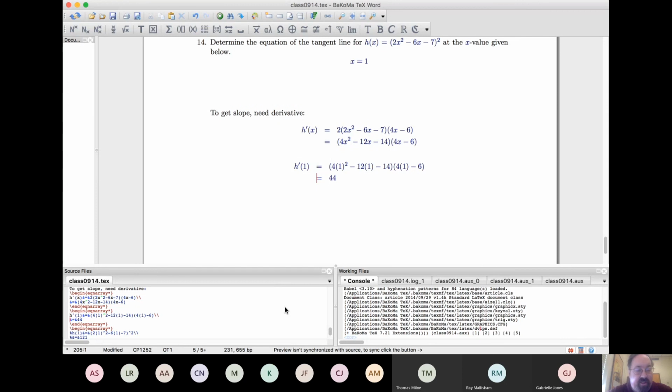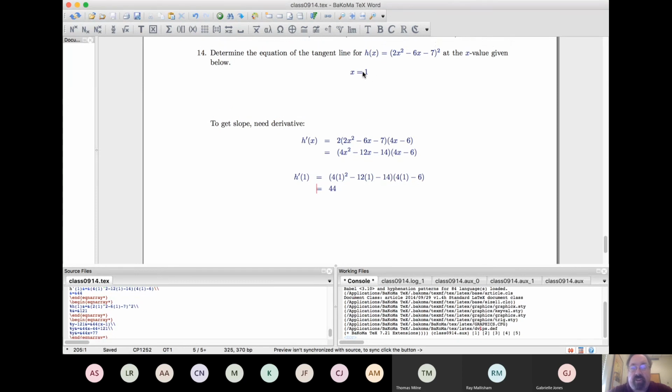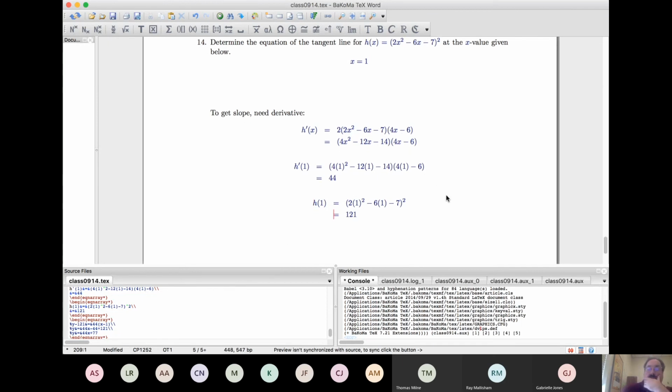The other thing you need for the equation of a tangent line, you need to plug the same x value into the original function. So we plug in x equal 1 there, and we get 121.